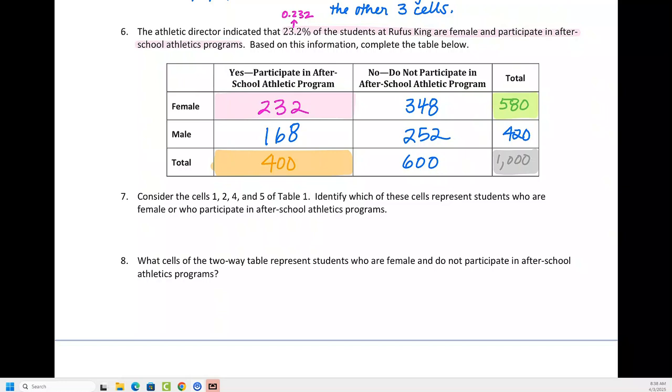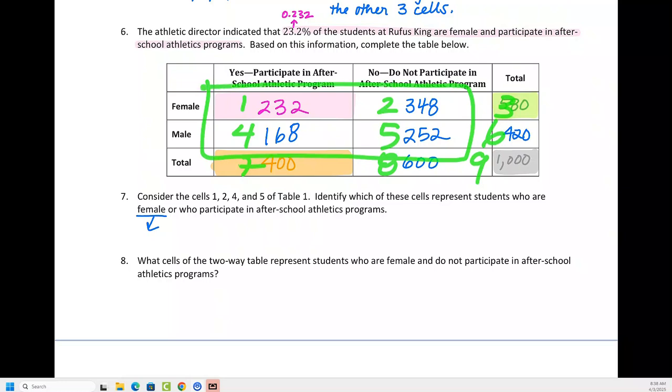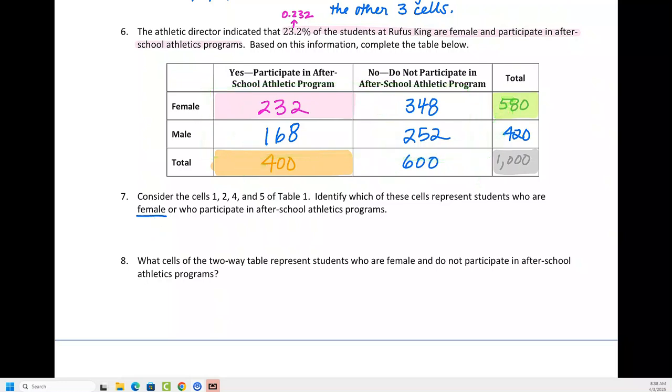What cells represent the students that are female? Knowing that this is 1, 2, 3, 4, 5, 6, 7, 8, 9, just of these ones, which represent females? It's 1 and 2, right? Do we all see it?